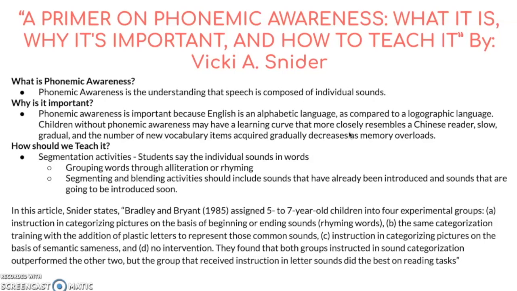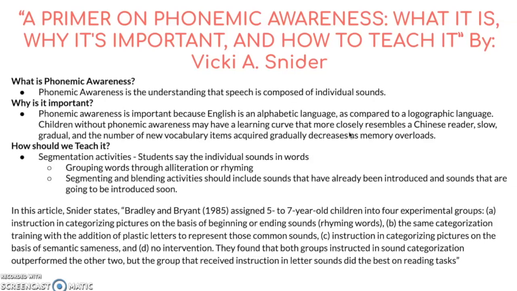So in this article, Snyder states, Bradley and Bryant in 1985 assigned 5 to 7-year-old children into 4 experimental groups. A, instruction in categorizing pictures on the basis of beginning or ending sounds, rhyming words. B, the same categorization training with the addition of plastic letters to represent these common sounds.